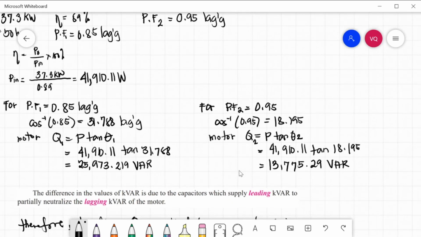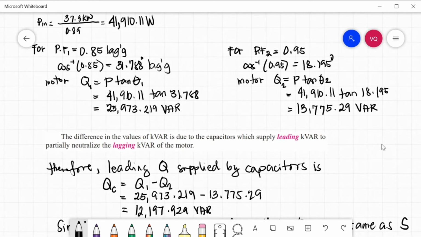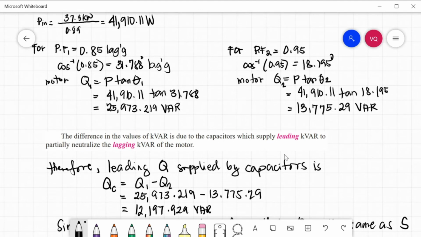For power factor 2, we have 0.95, that is 18.195 degrees. And Q2 is P tan theta 2, that is 41,910.11 times tangent of 18.195, equal to 13,775.29 var.